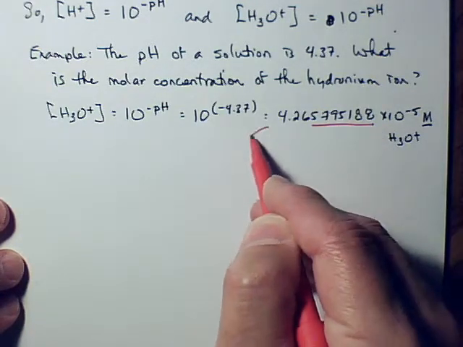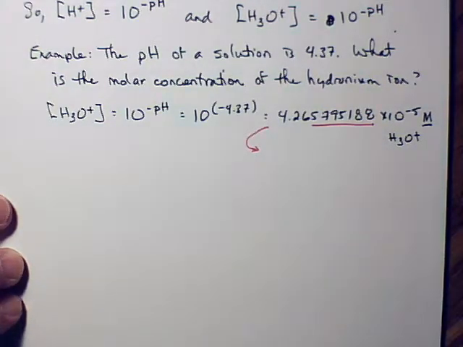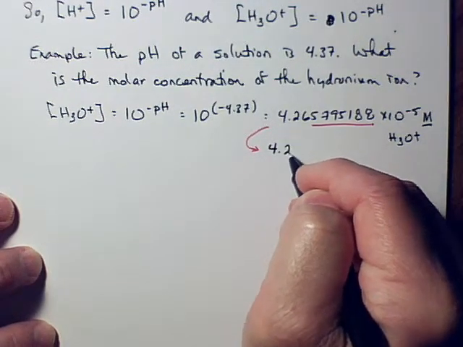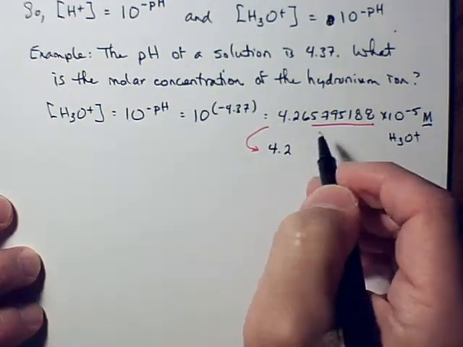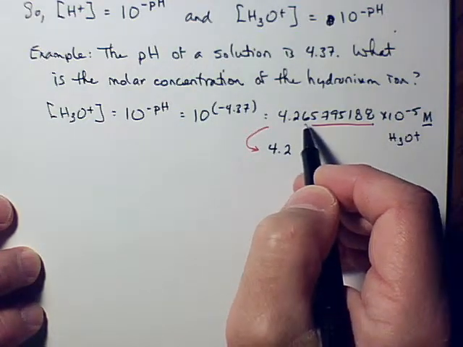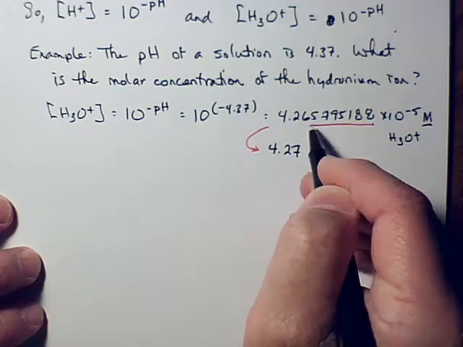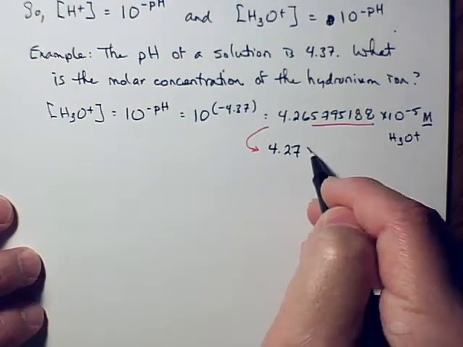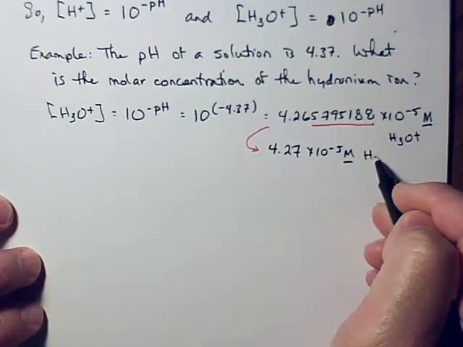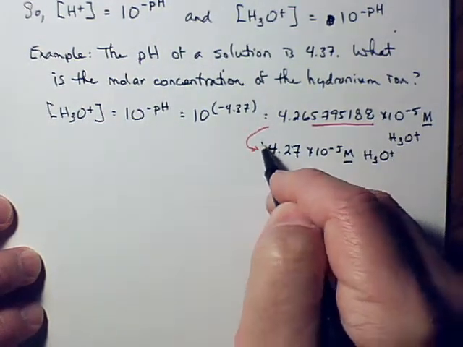Underline everything else. Draw an arrow. And your final answer is going to be 4 point what? 27. Because that 5 makes the 6 round up to a 7. Times 10 to the negative 5th molar hydronium ion.